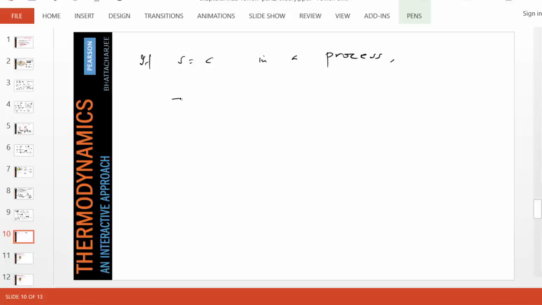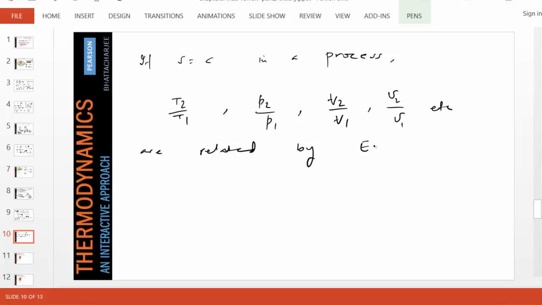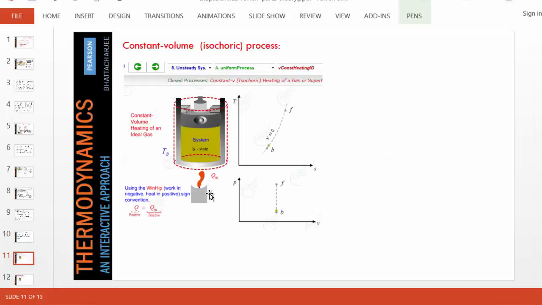Then T2 over T1, P2 over P1, V2 over V1, or specific volume ratio, etc., are related by equation 11 of table J. In that table we have listed all the relevant equations we are going to use. Okay, now it's time to go look at specific processes and put those into practice.